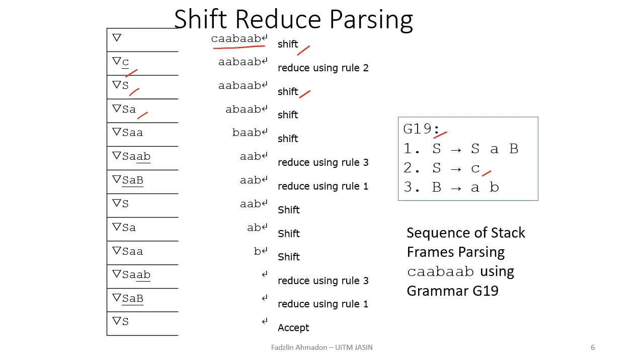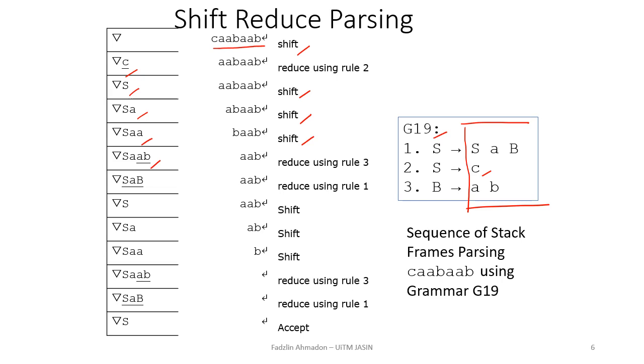So SA is scanned and compared with the right hand side of the rule, but it cannot be reduced. Therefore, another shift operation is done. And now we have SAA on top of our stack. Still, we cannot reduce anything. So we do another shift operation and we get SAAB.